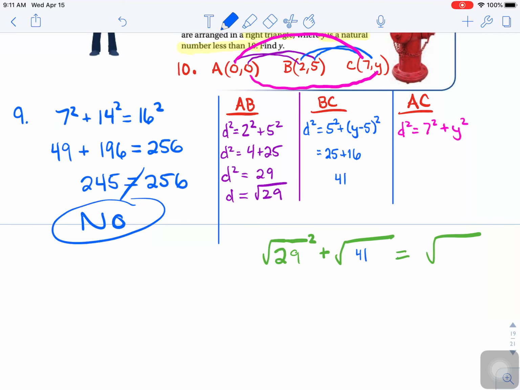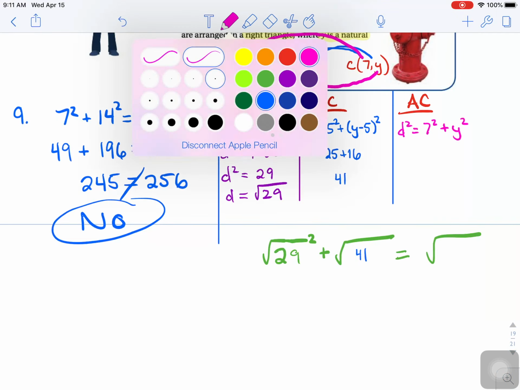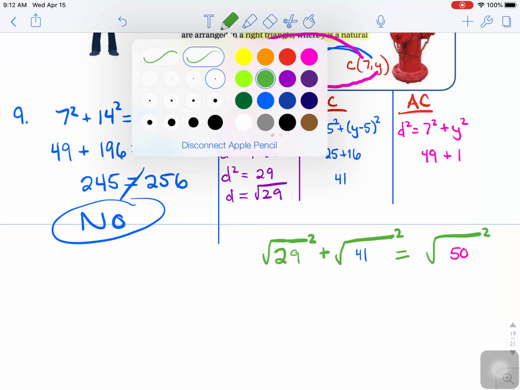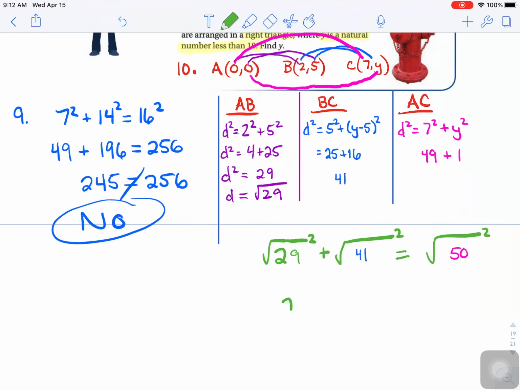And then if we plugged in 1 over here, 49 plus 1 would be 50. I did not write my squareds up here, which I need, because all this is saying in the end is I'm going to have 29, plus that blue number should equal this pink number, and 29 plus 41 does not equal 50, so I know that it was not 1.